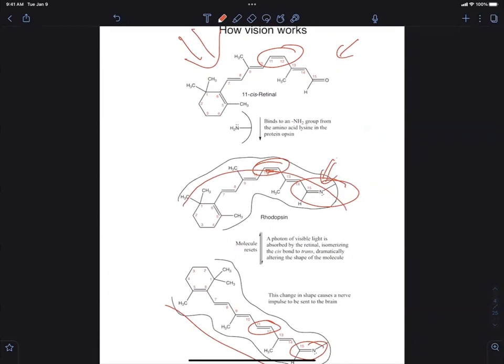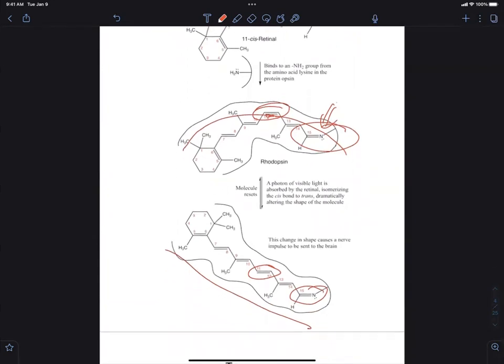You've probably all experienced this when you get a flash of light or it's too bright out. You can't see for a moment. That's because all of your cis bonds turn to trans and you're waiting for the molecules to recycle. In other words, to dissociate because of the reversible nature of that imine bond formation and then turn back into the cis, where it can rebind to opsin.